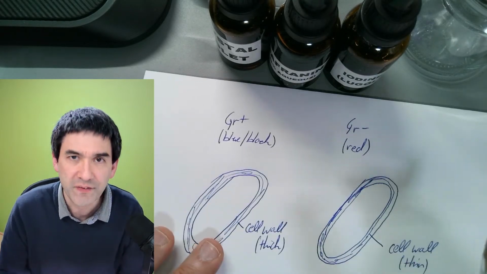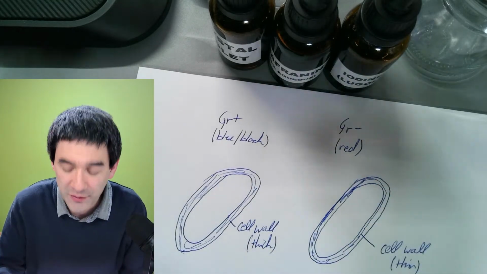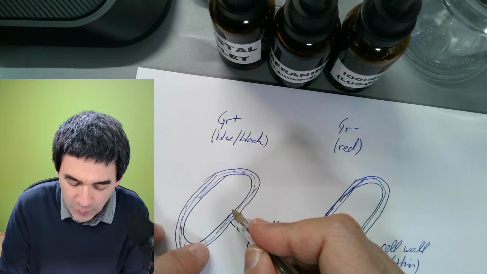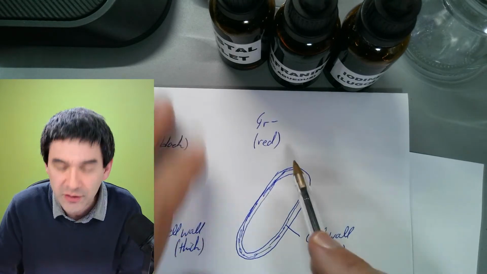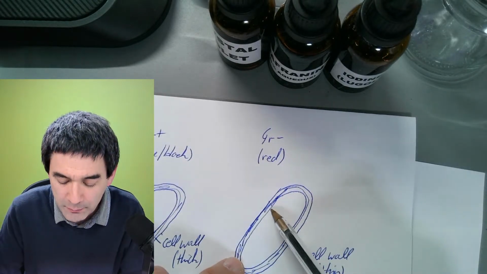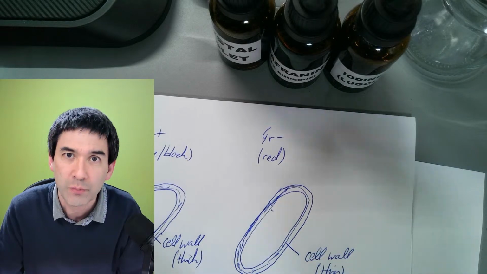Because of this structural difference, they stain differently, and I'm going to explain also how this actually works. So one membrane here with a thick wall on the outside, and over here in the gram-negative we have two membranes with a thin wall between the two membranes.